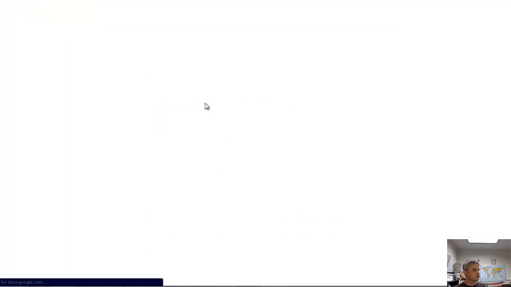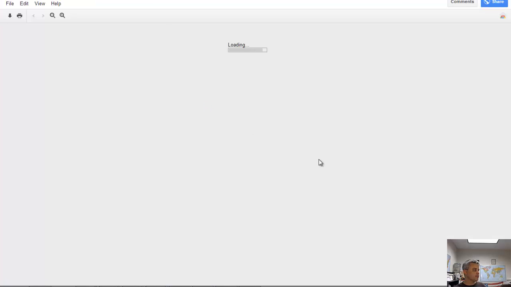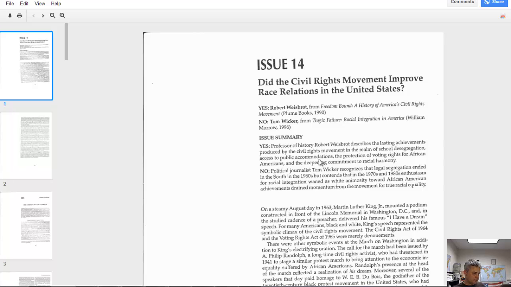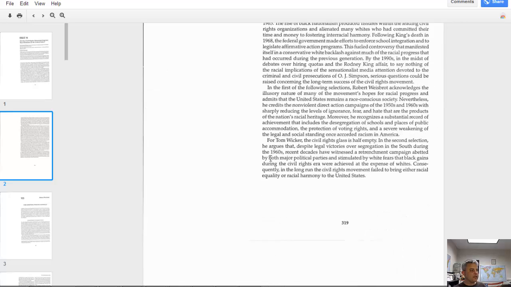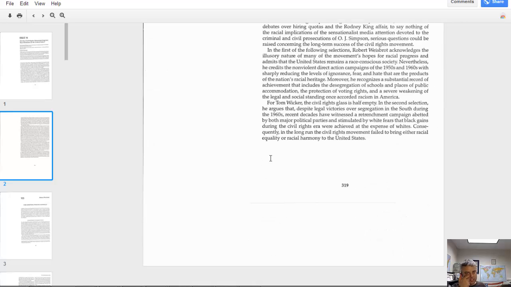Let's just choose this one right here. Civil rights. Did the civil rights movement improve race relations in the United States? And so you'll notice that it gives you a little summary basically of the yes and the no. And so the first couple of pages just give you a summary of what the issue is.